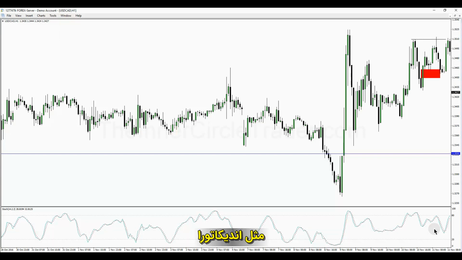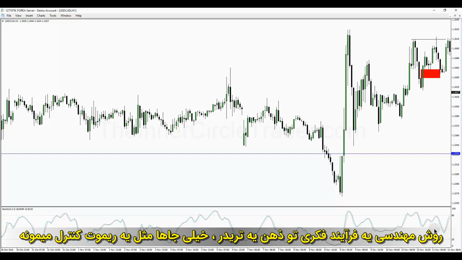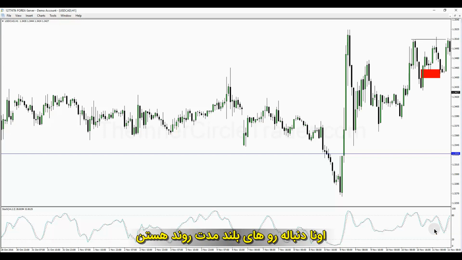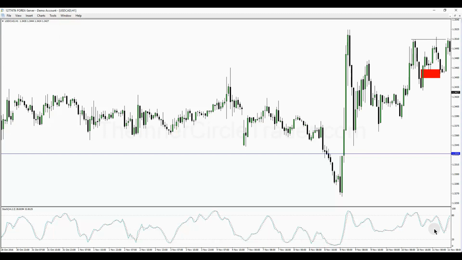The indicator's way of engineering a thought process behind a trader is almost like remote control in many instances. And funds trade with a trend following nature. They're long-term momentum trend followers.